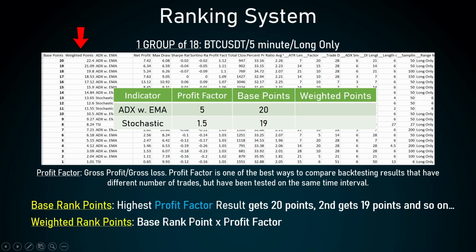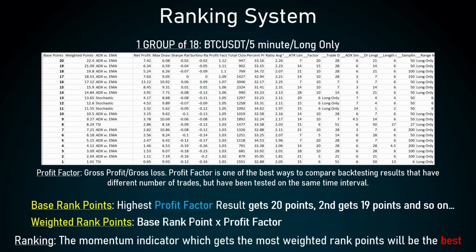By using the simple ranking points, the 5 profit factor result would get 20 points, and the 1.5 profit factor backtest 19 points. This way the profit factor difference is not really represented by the points. But by using the weighted points, the top result with 5 profit factor would get 100 points, and the second best with 1.5 profit factor only gets 30 points. In my opinion, this represents the true difference between backtest results more accurately.